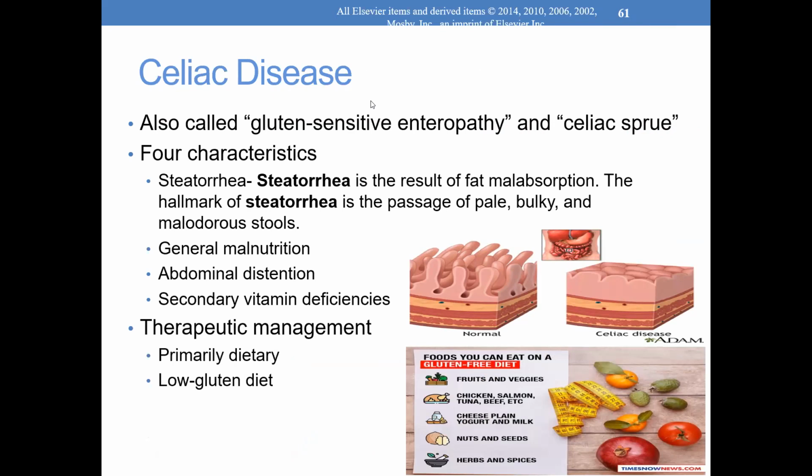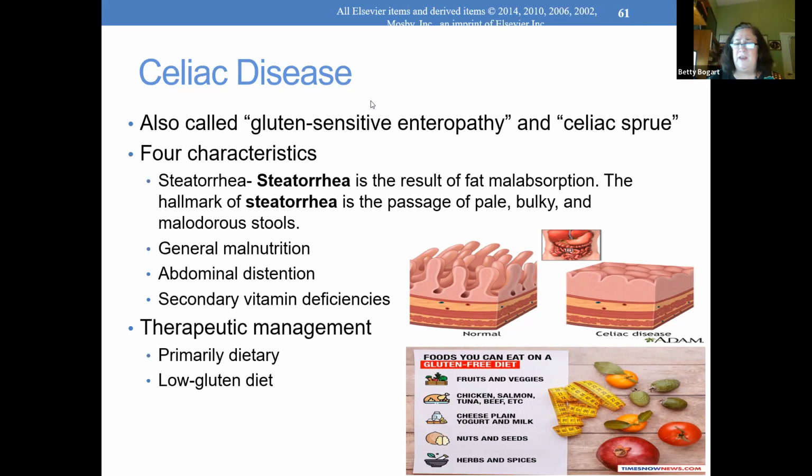No, you're welcome. So celiac is the small intestines. It causes steatorrhea because it doesn't absorb fat, and it stinks. The stools are what's called malodorous, they smell really bad. Because you're not absorbing all of the vitamins that you need, these children look malnourished. They need vitamin supplementation, and they need to be on a low gluten diet.